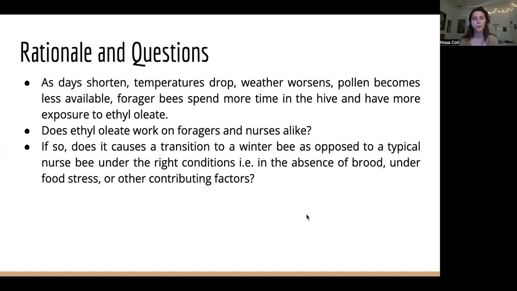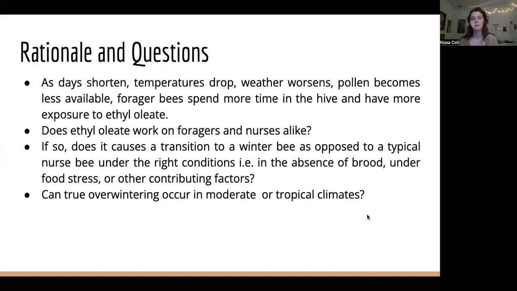So we're looking both at whether ethyl oleate contributes to the physiological effects of winter bees and which age groups it works best on. And this also translates into whether true overwintering can happen in moderate climates like here in Northern California, because in Southern California and other tropical areas, bees don't really overwinter.